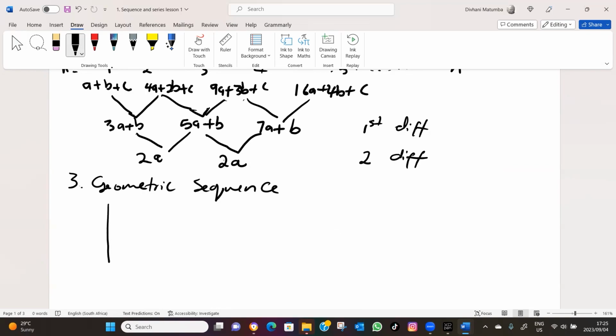A geometric sequence is an exponential sequence.